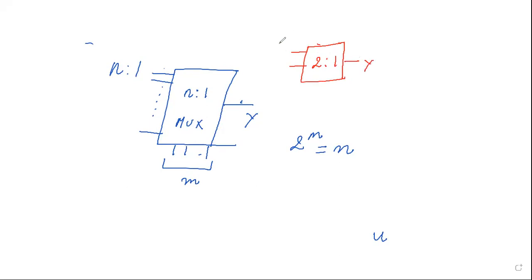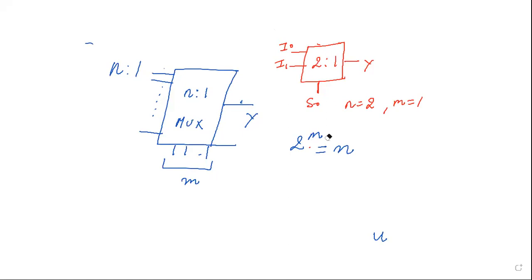Let the inputs be labeled as I0 and I1. Now we know that n is 2, so the value of m has to be 1 because 2 raised to power 1 is 2 only. So it means I need one select line here. Let that select line be S0.